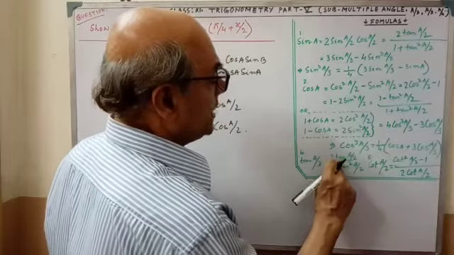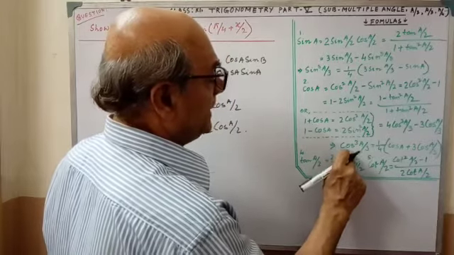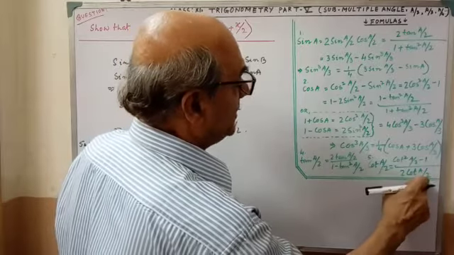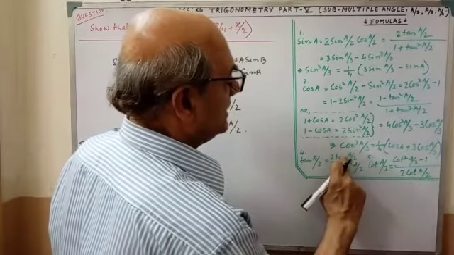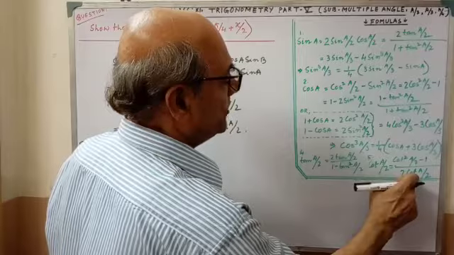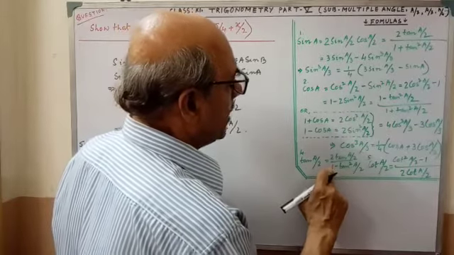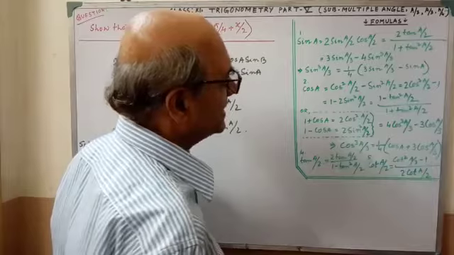That is 2 tan A by 2, that is 2 cot A by 2. This is in the numerator, this is in the denominator. Here is 1 plus, here is 1 minus.